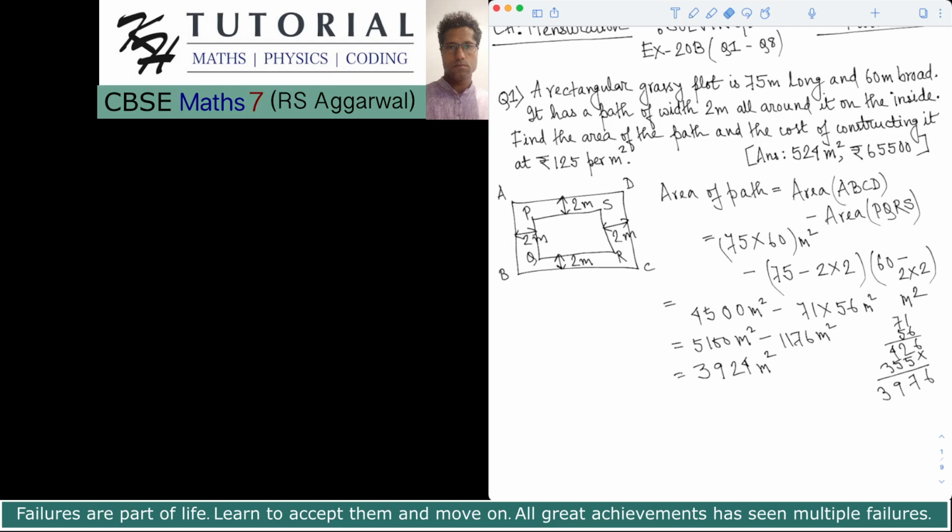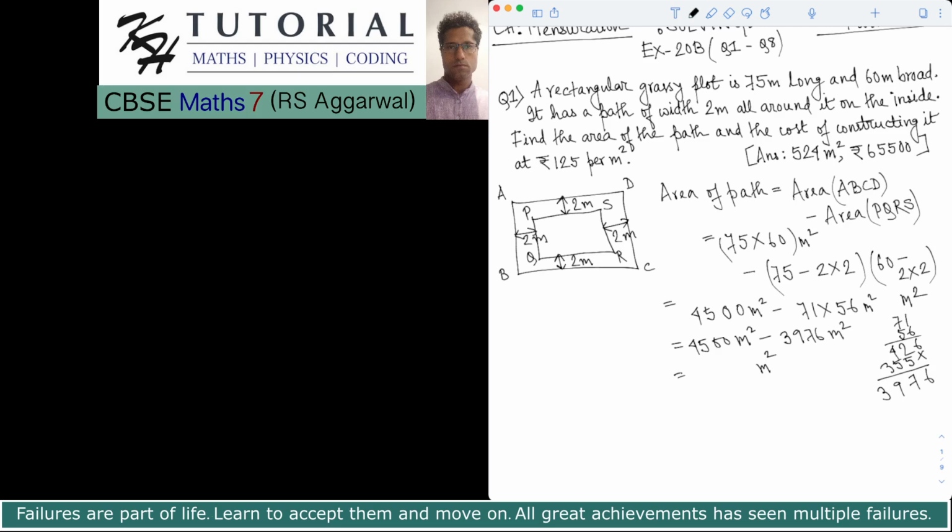So the area of the path will be 4500 meter square minus 3976 meter square. And how much is this?